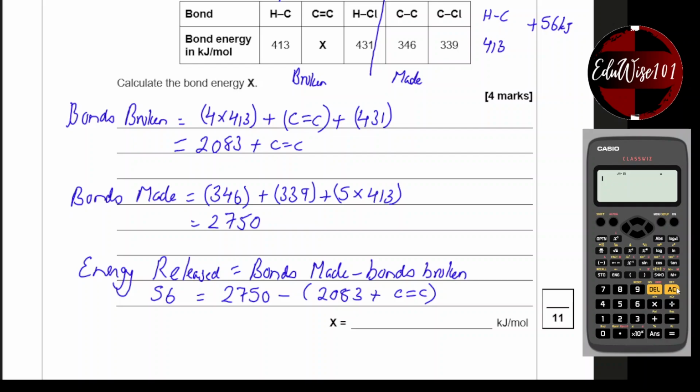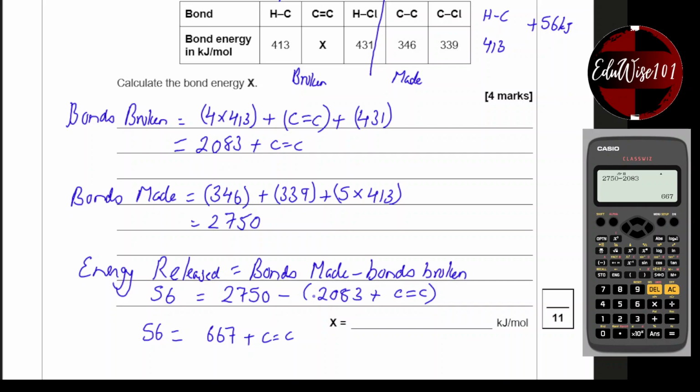So I take away 2750 minus 2083. That gives me 667. And 56 equals 667 plus C double bond C.